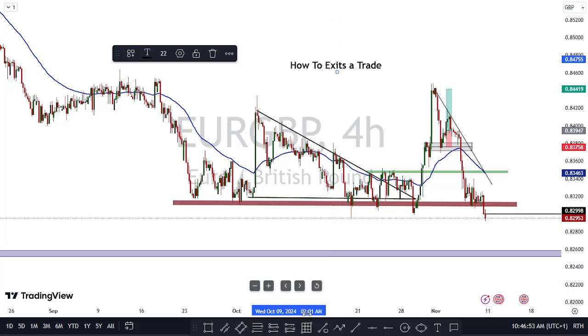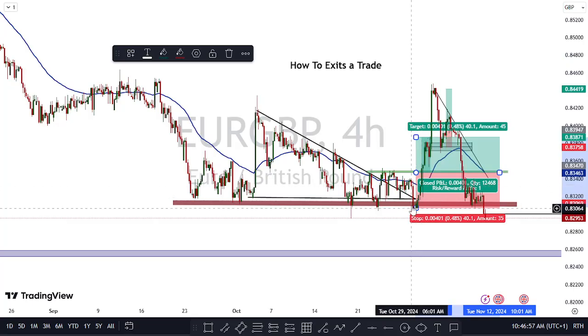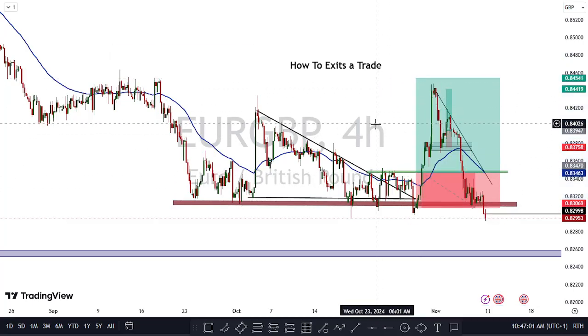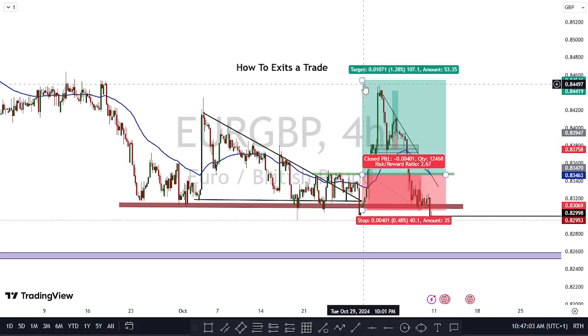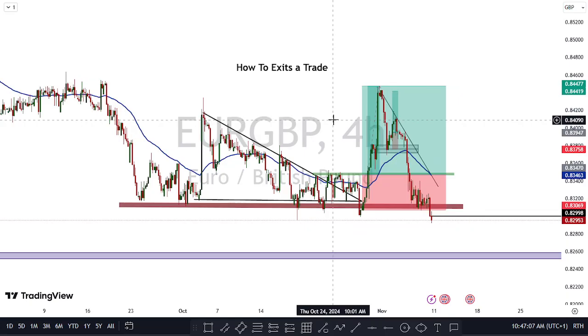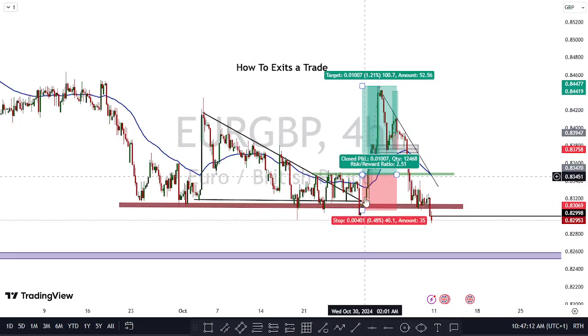What I mean by that, let's say we enter the trade from here, and our target was probably here. That's a 1 to 2.5. So we enter the trade right about here, and our stop loss was here.